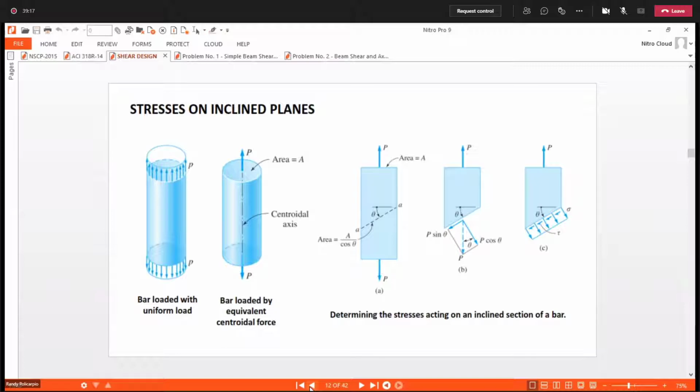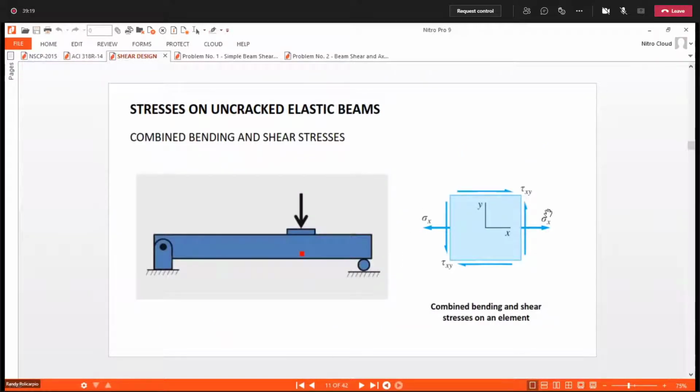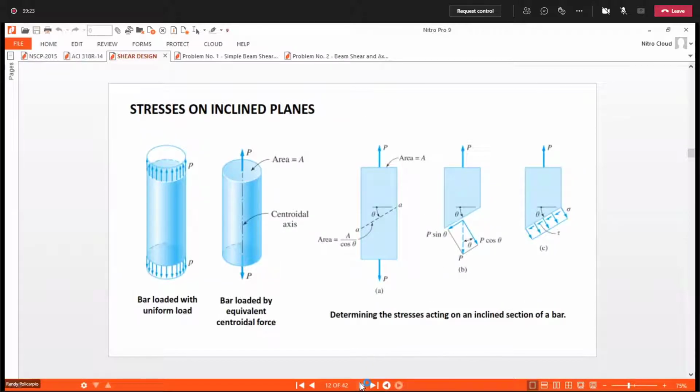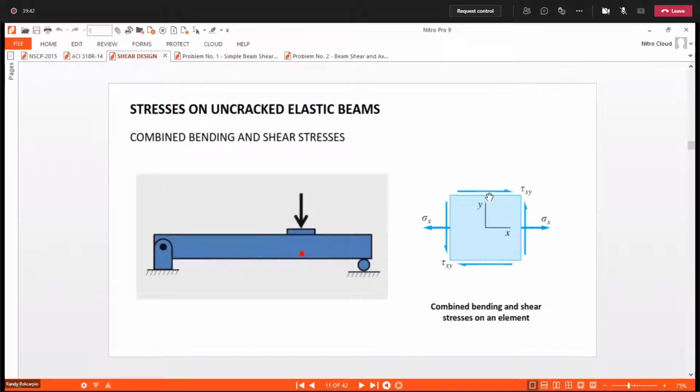By the way, this one is called the normal stress, and this one is called the shear stress. In an inclined plane, even though the load is still vertical, we are considering an inclined plane, whereas here we only considered the horizontal plane and vertical plane.